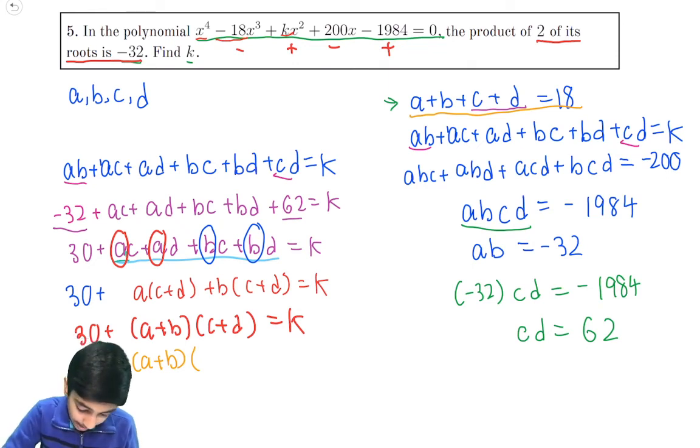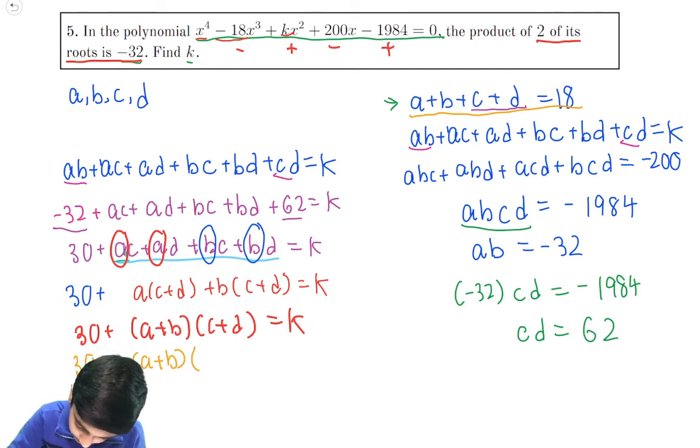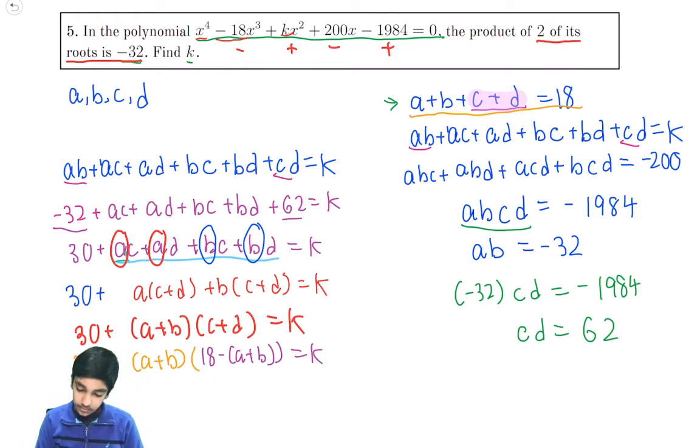So this is going to be 30 plus (A plus B) times (18 minus (A plus B)) equal to K.